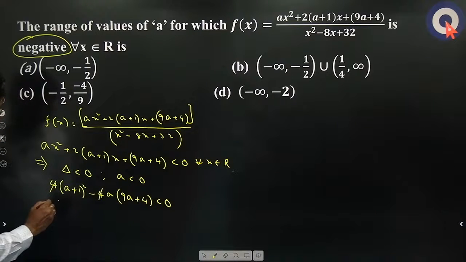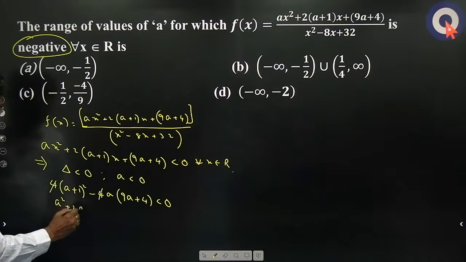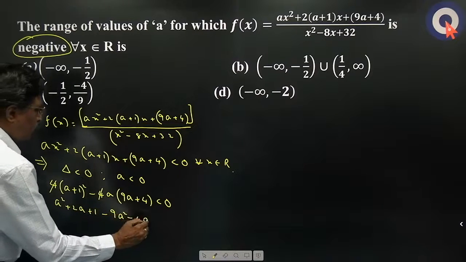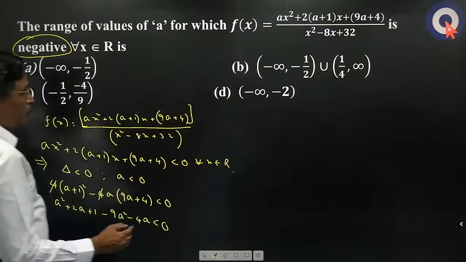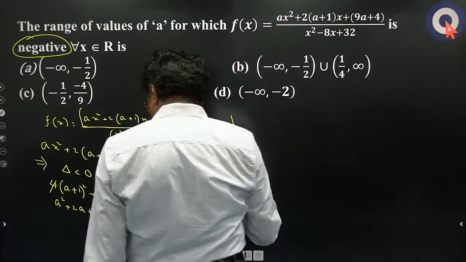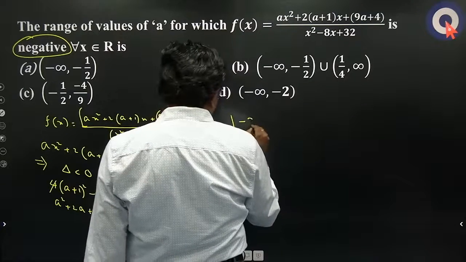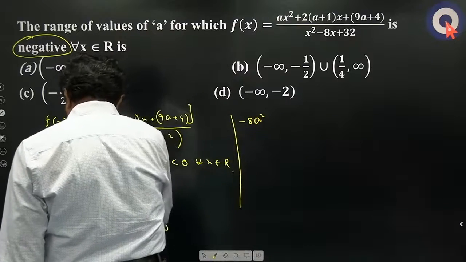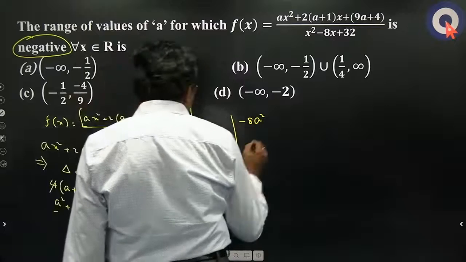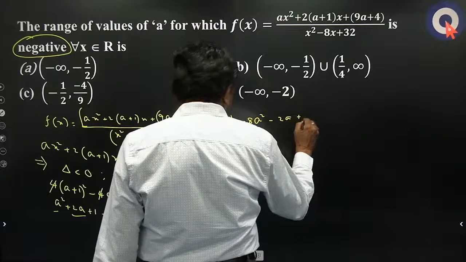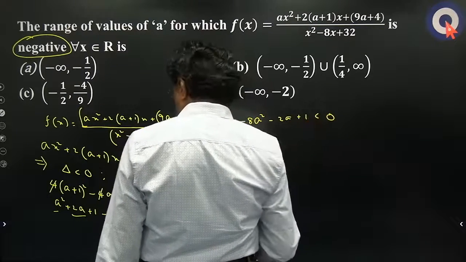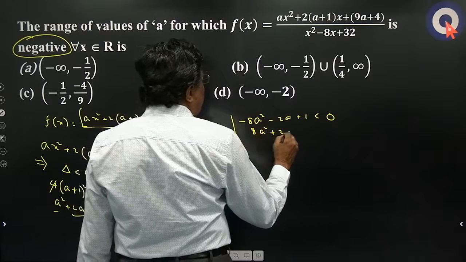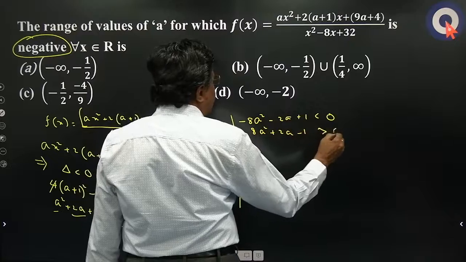So let us do a little simplification here. So this becomes minus 8a square plus 2a minus 4a is minus 2a plus 1. This has to be less than 0. So that means we have 8a square plus 2a minus 1 has to be greater than 0.